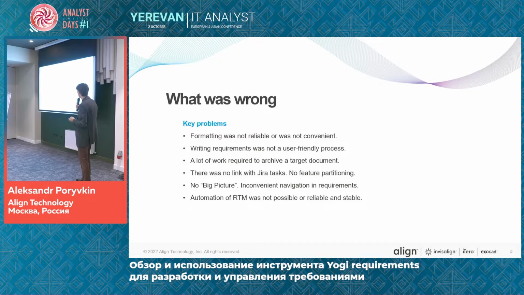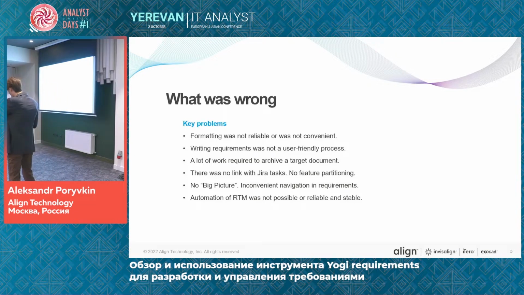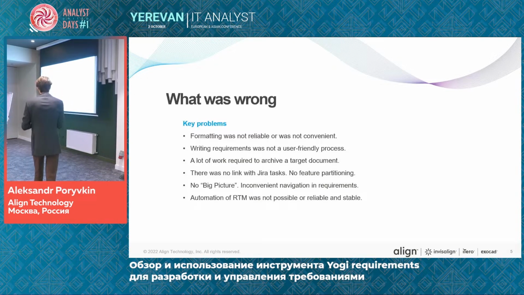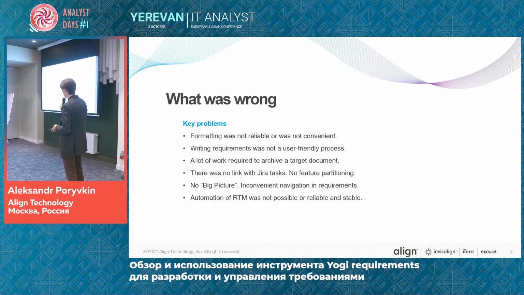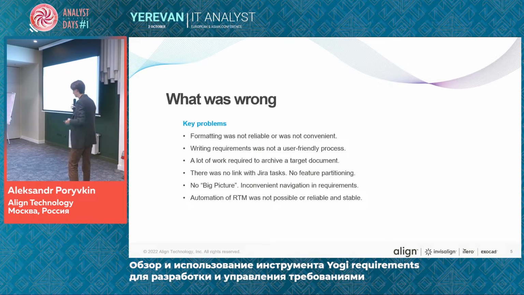Lack of the big picture. Some of the ways could help describe, say, a smaller part, and at the same time we had issues viewing the whole page. This was like some stand-alone work.